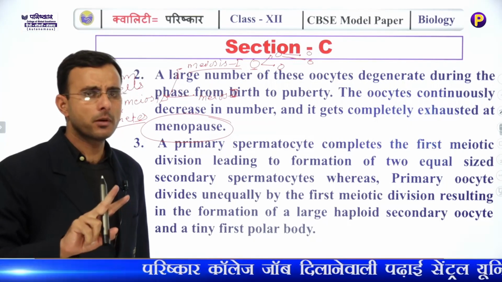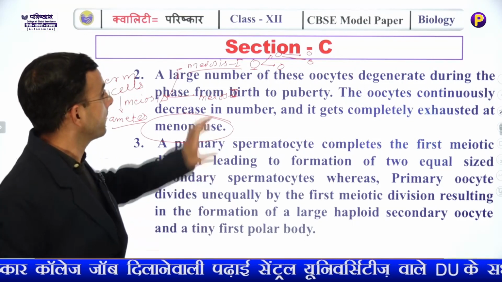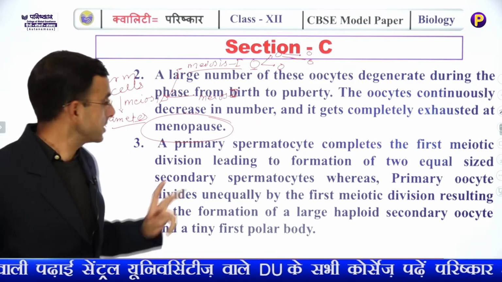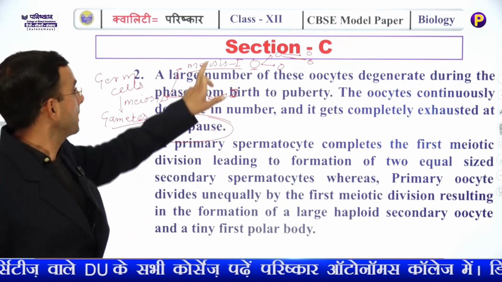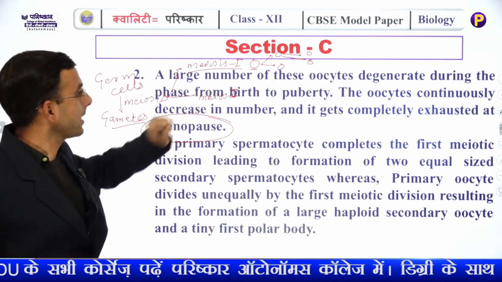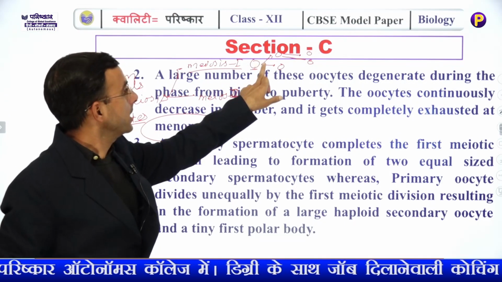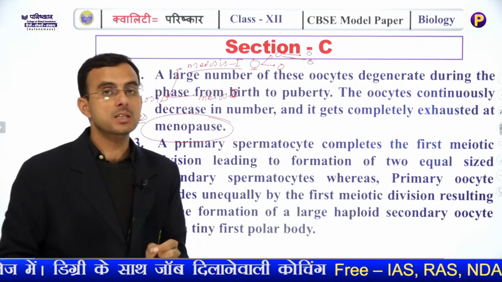That is the difference in the division. During the formation of gametes there is meiosis, with two divisions, meiosis first and meiosis second, and when meiosis first takes place, two cells are formed.